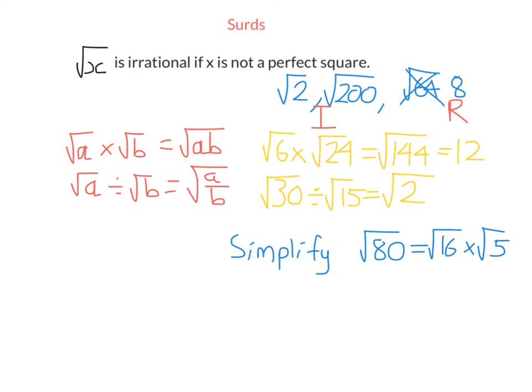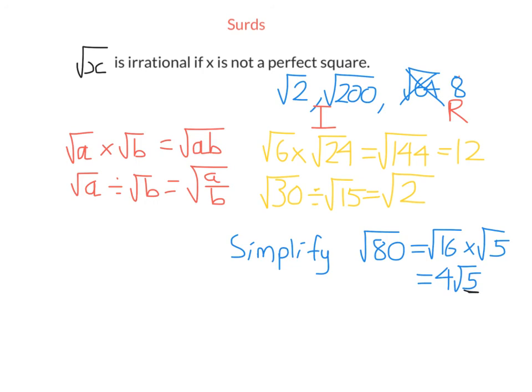I chose 16 because 16 is a square number. The square root of 16 is just 4. So the square root of 80 is just 4 times the square root of 5. This is said to be simpler because it's got a lower whole number in the square root.